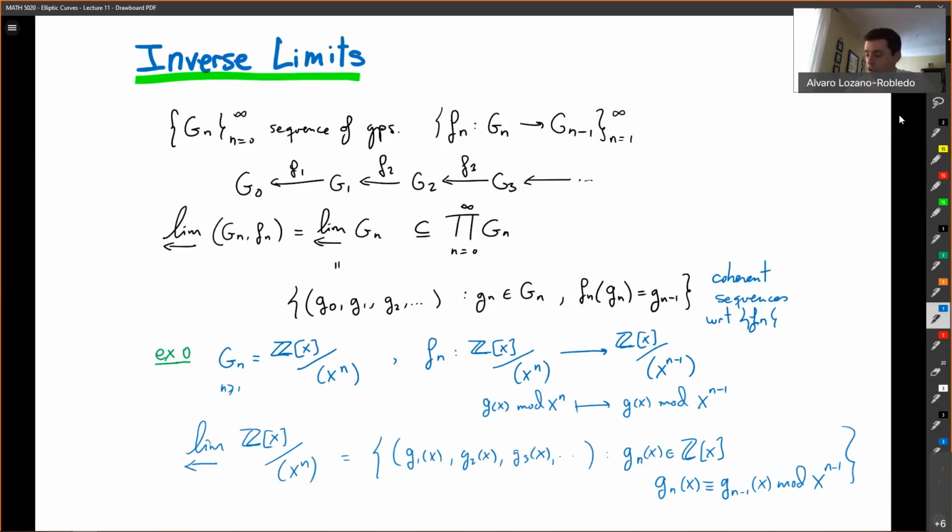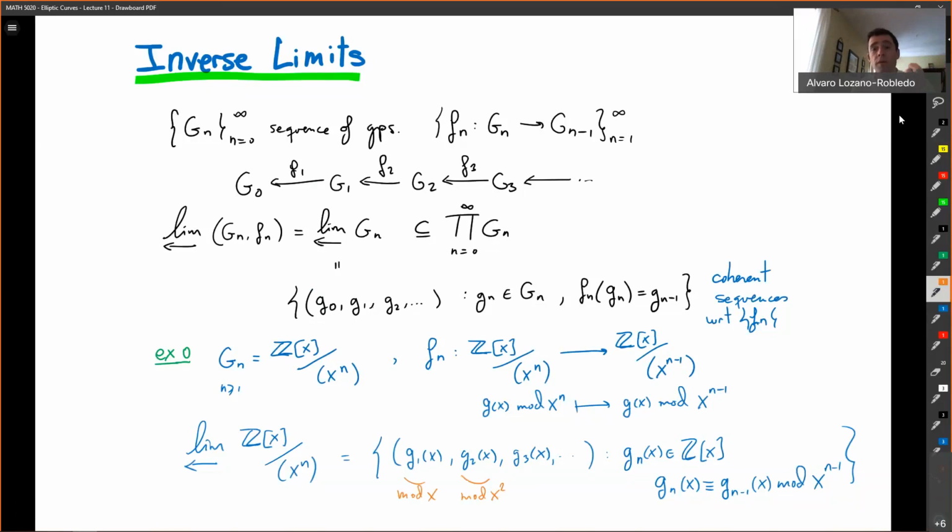So basically what this is saying is that this is a polynomial modulo x, but a polynomial modulo x is just a constant term. This polynomial is a polynomial modulo x squared, such that when I reduce modulo x, I get g1. So the first coordinate gives me the constant coefficient.